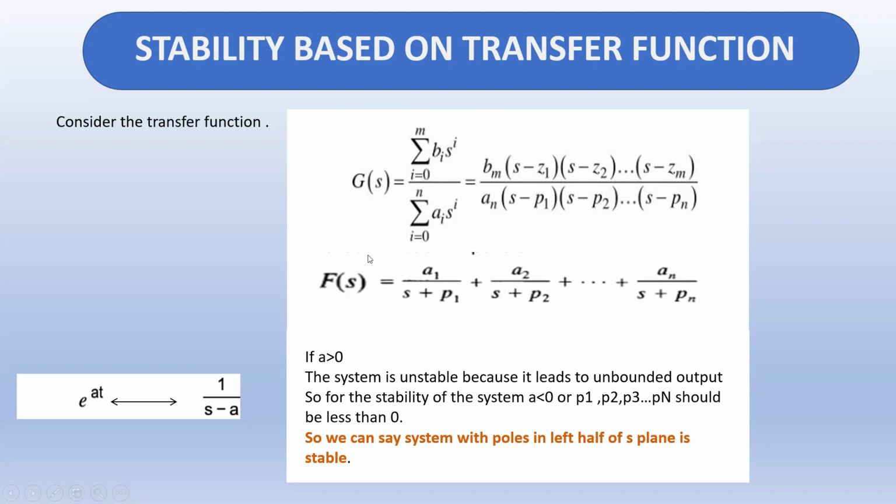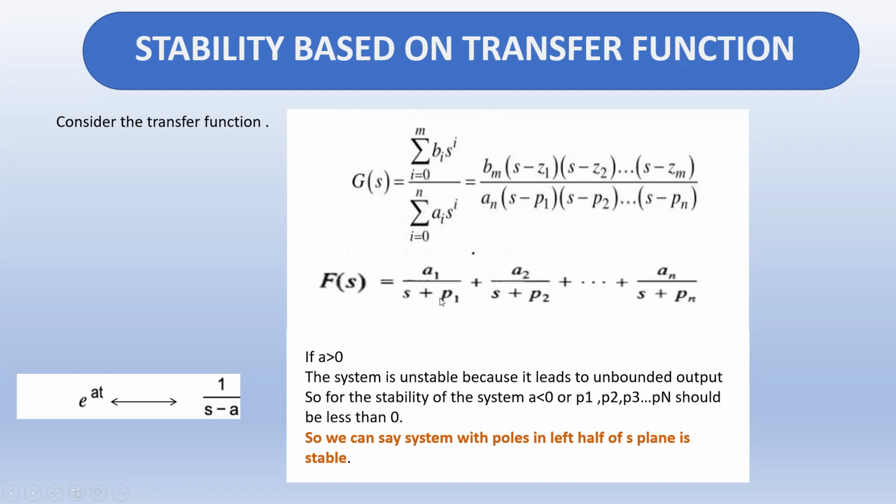When the poles p1, p2 up to pn are all distinct, we can express the transfer function as A1 by (s plus p1), A2 by (s plus p2), and so on.